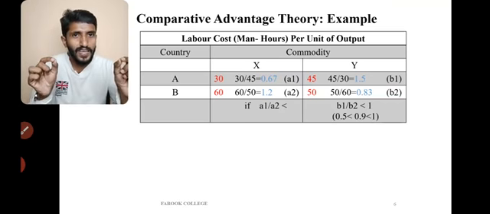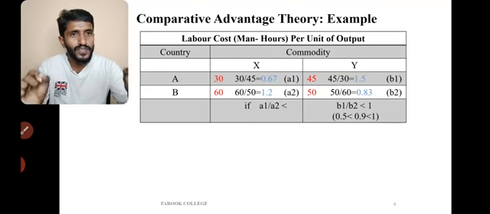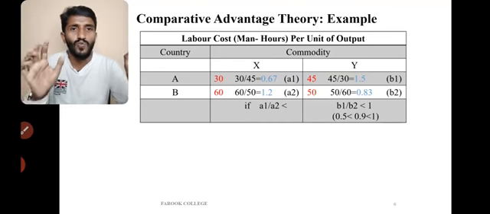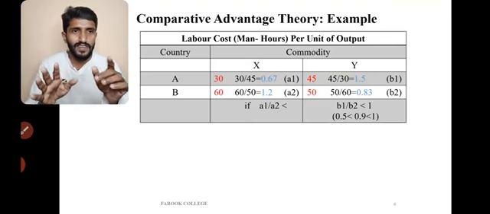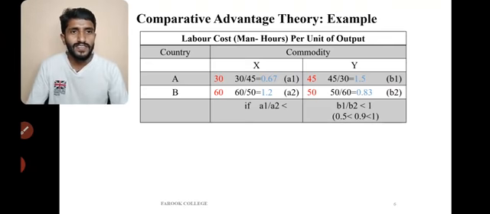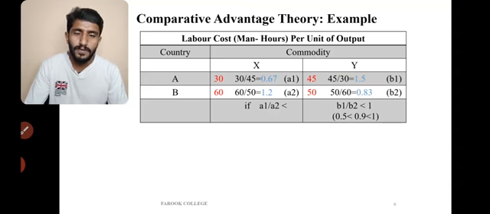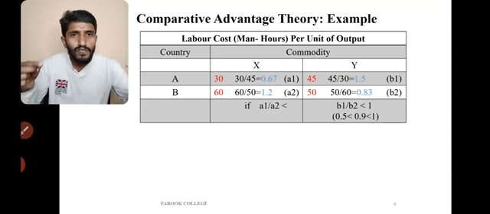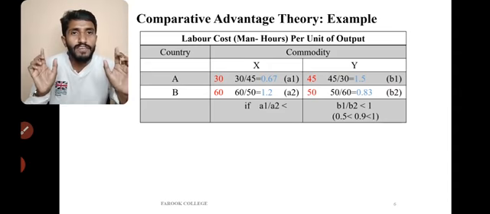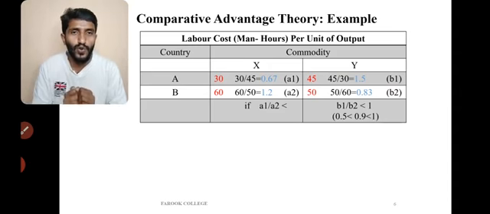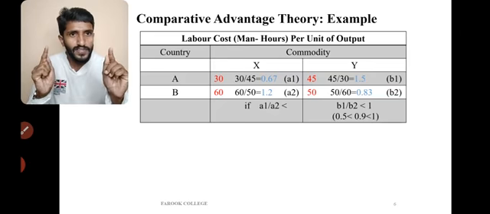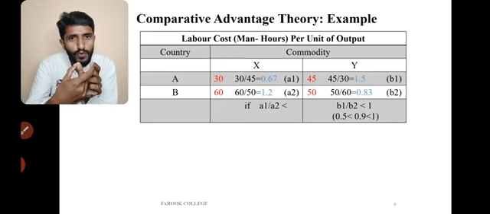Because A has absolute advantage in producing both commodity X and Y, because it is 30 and 45 when it was 60 and 50 in country B. Okay, that's why we are taking comparative cost, not absolute cost. What is comparative cost? Comparative cost of two products.